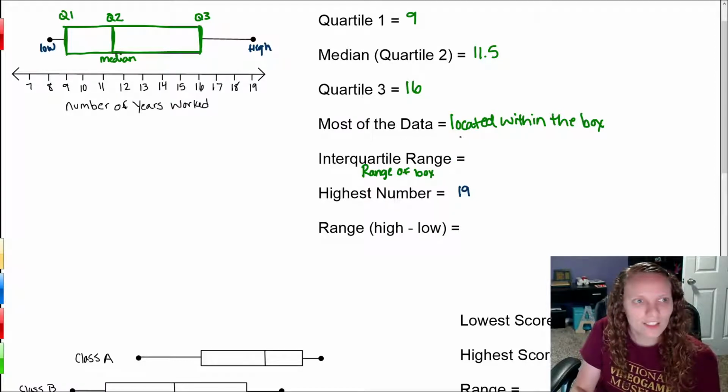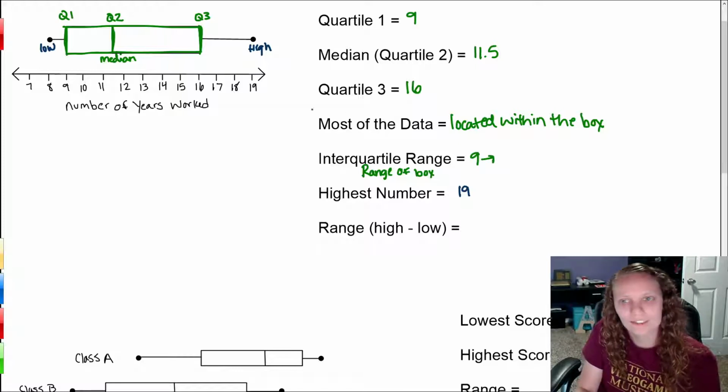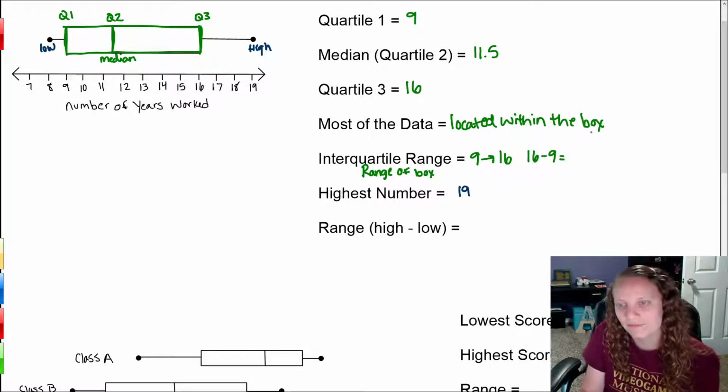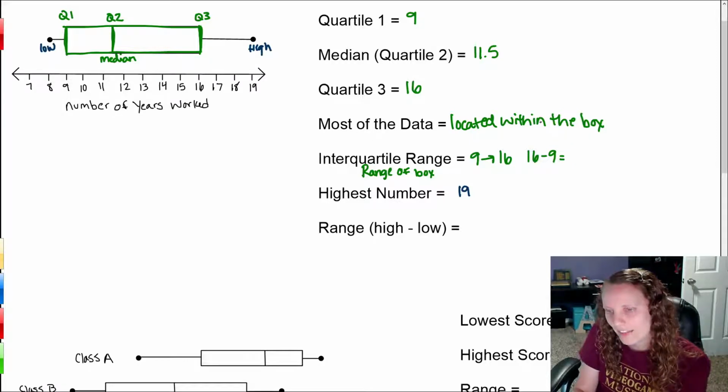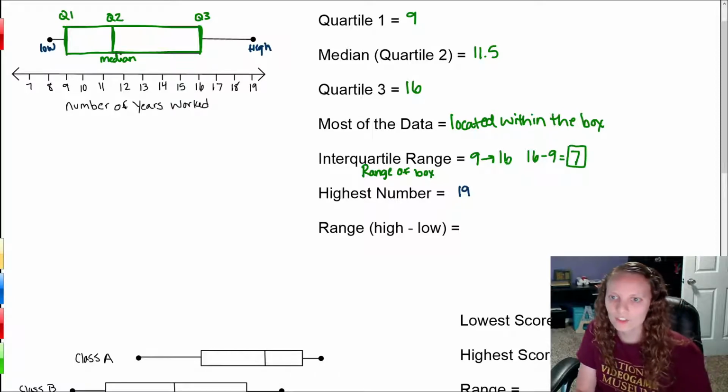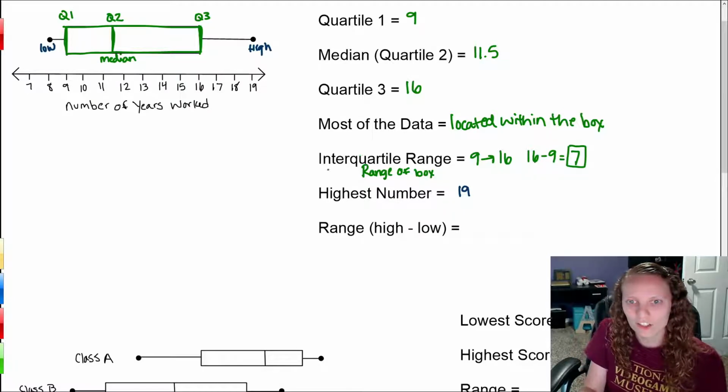The box goes from 9 to 16, and to find range we subtract, so we'll do 16 minus 9, and that would be 7. So the interquartile range is 7. It could also be seen as IQR.